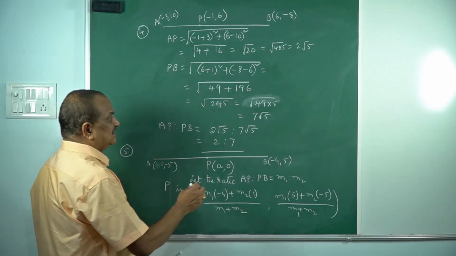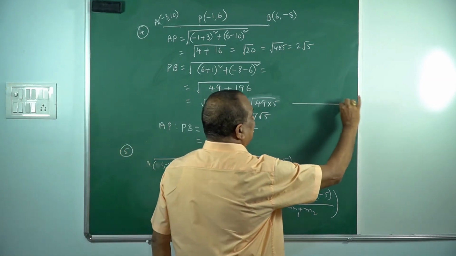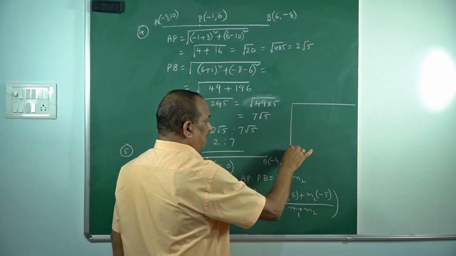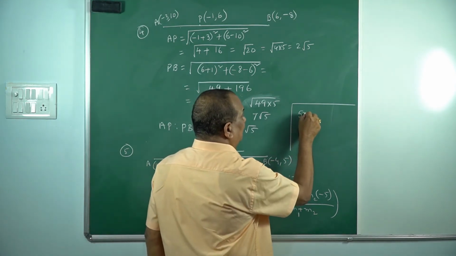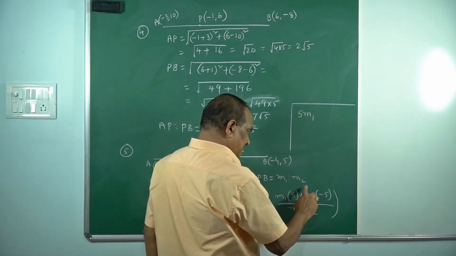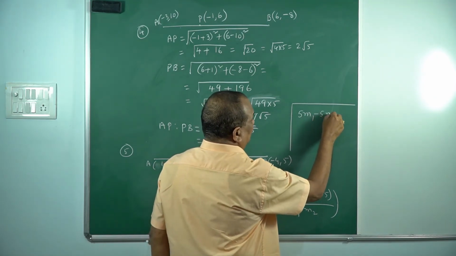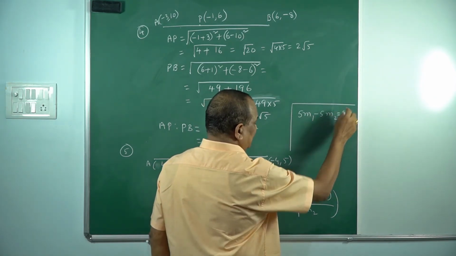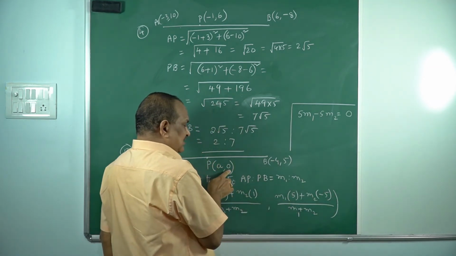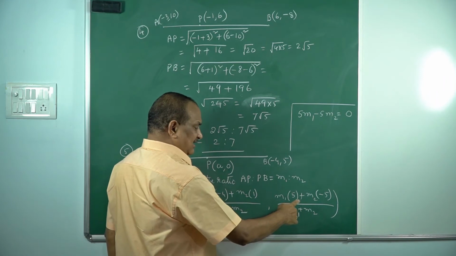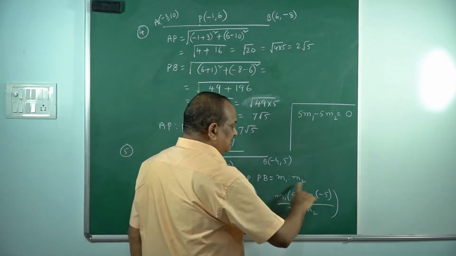Okay, I just take a little space here. 5M1 minus 5M2 must be 0, because the numerator must be 0, because this is a point on the x-axis, so the y coordinate must be 0.